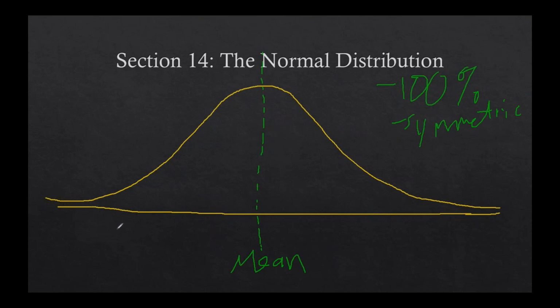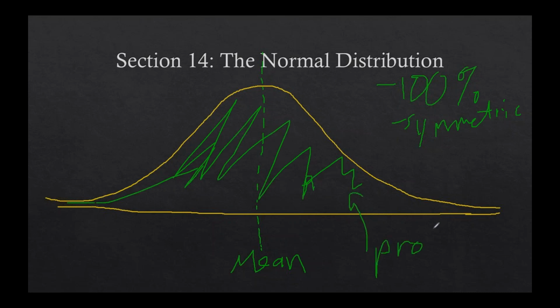Now, it's also true that the area under the curve, so all of this space underneath here, is equal to the probability. So when we talk about what is the probability of blah, blah, blah, well, if you can find the area under the curve, you have found probability.